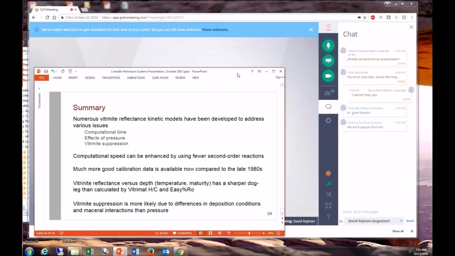I guess people may understand two different things by this term. One is suppression relative to a model that they are using, or suppression relative to some sort of a trend that they observe in measured data. Can you comment on that?